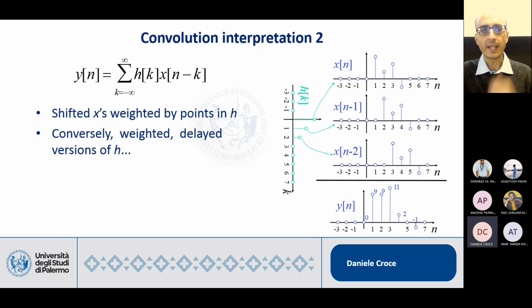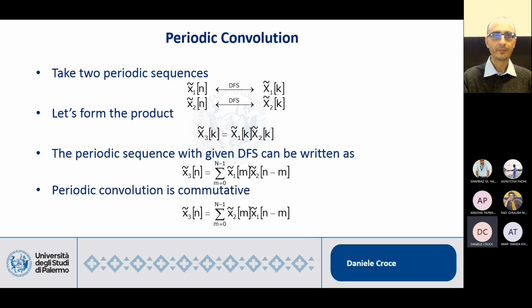The result is always the same, but here you have h that is constant, and it's a weight of the shifted sequence x. Of course, you can define it the other way around. So you have the weighted delayed version of h, weighted with the points of x, is the same. Okay. The result, if there are no mistakes, always has to be the same. So this is another interpretation of the linear convolution.